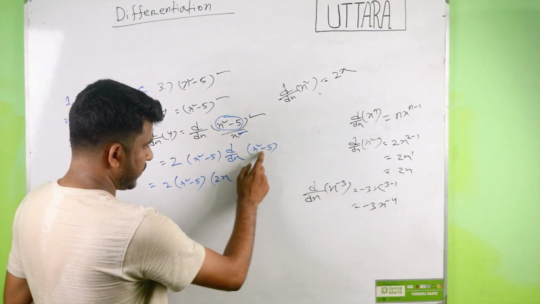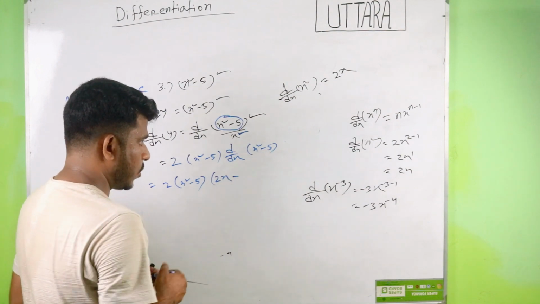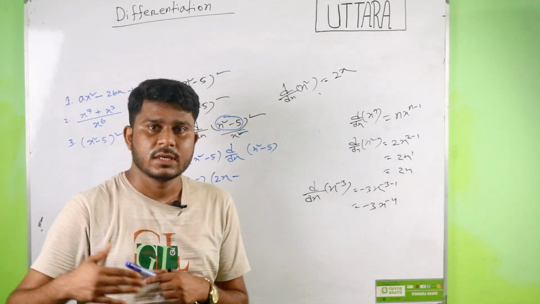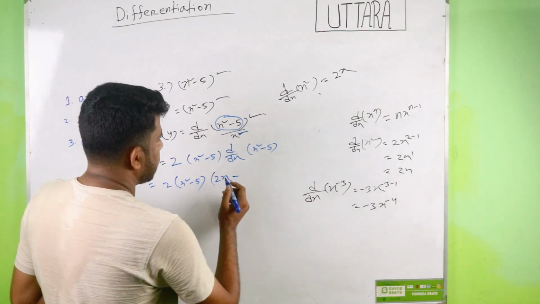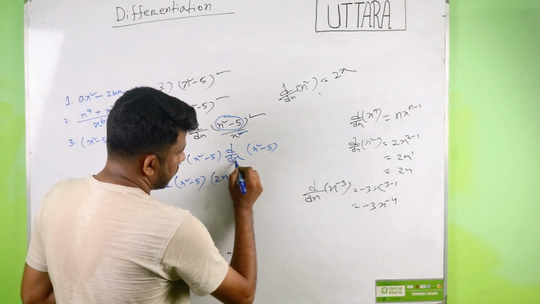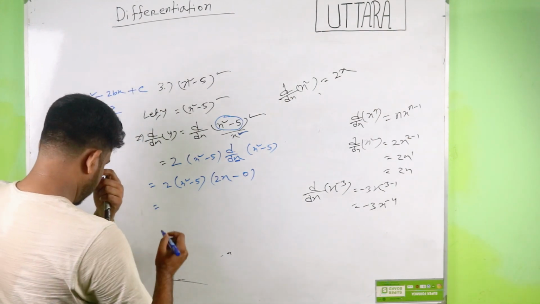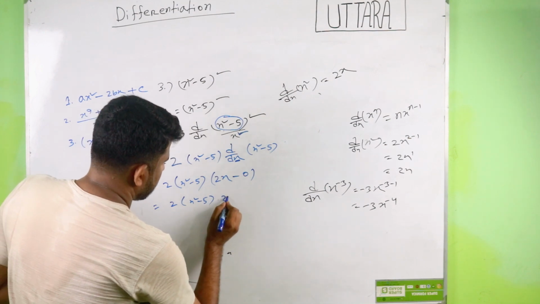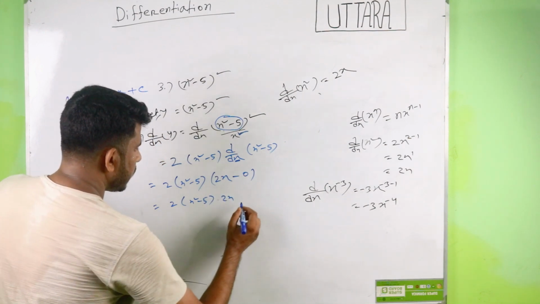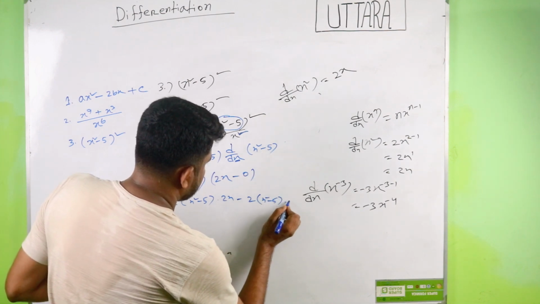And the minus 5 is a constant term. If we differentiate a constant term with respect to x, we get 0. So 2 times x square minus 5, into 2x, and 2 times x square minus 5, into 0.